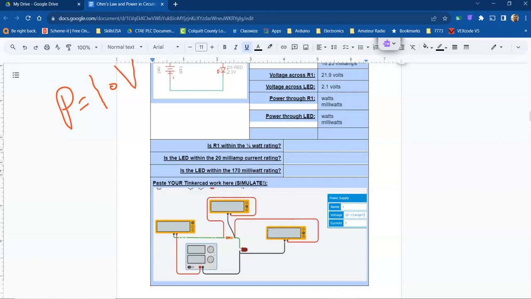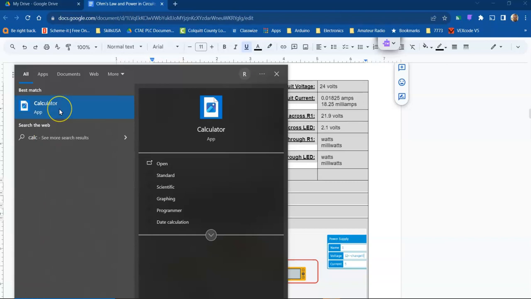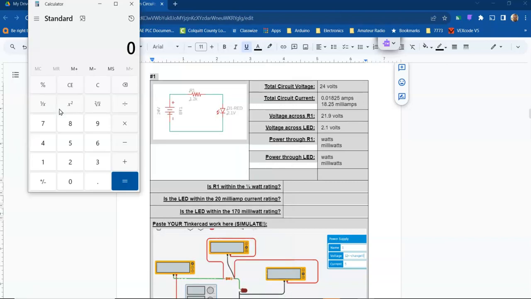So you already have these values. You figured them out. The current is 18 milliamps. On our calculator, I'm just going to use the calculator at this point because I think it'll be faster, because I only have 3 minutes left for this video. We have the current, 0.01825.